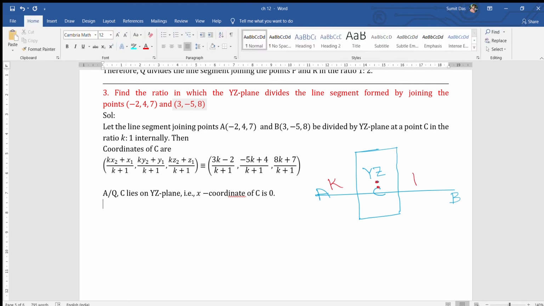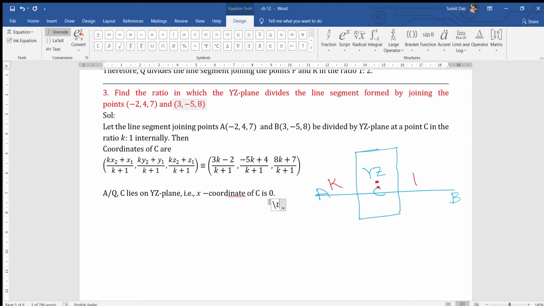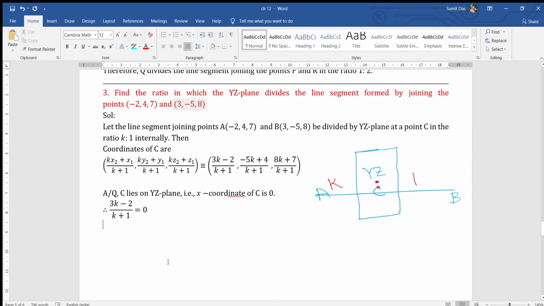Therefore the x part will be equal to 0. You can't compare y and z because we don't know them; we have to compare with x because we know it is 0.